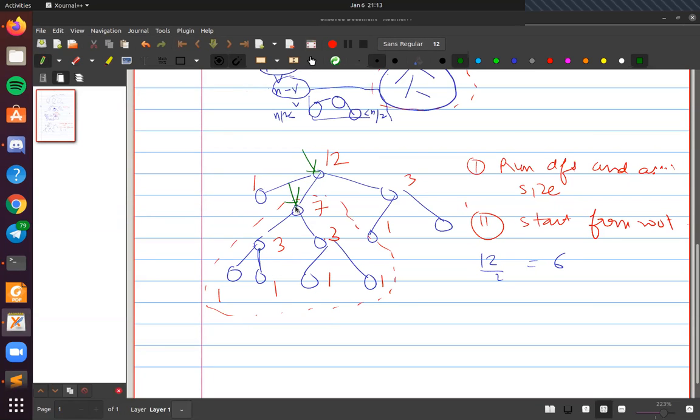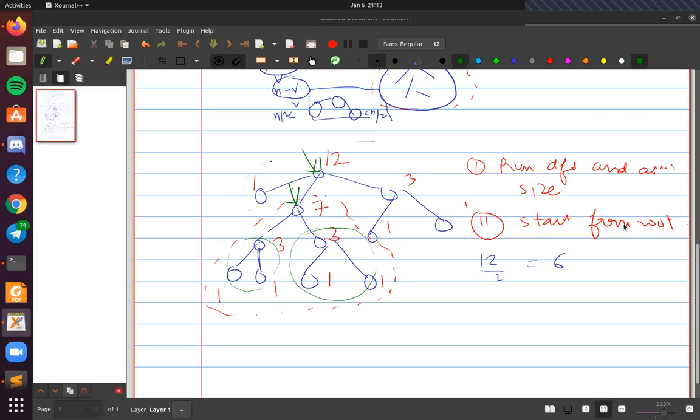While checking this, we don't need to consider this node, because we already know that all these nodes will have less than or equal to 12 elements. So we will check only its subtrees. Now check for its subtrees. Both of its subtrees contain less than n by 2, which is 6. So this is the valid centroid of the tree.